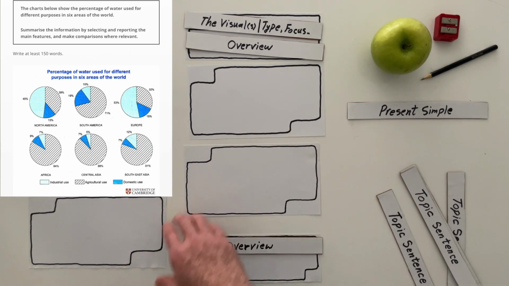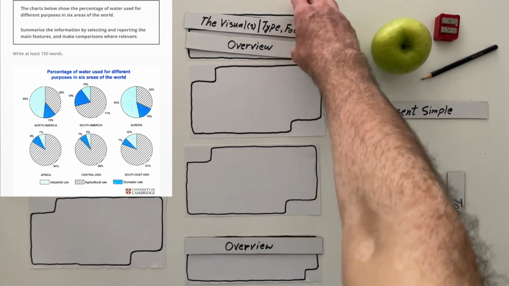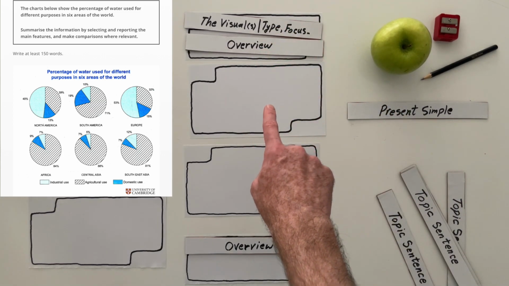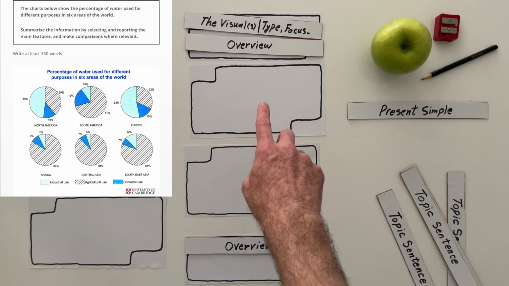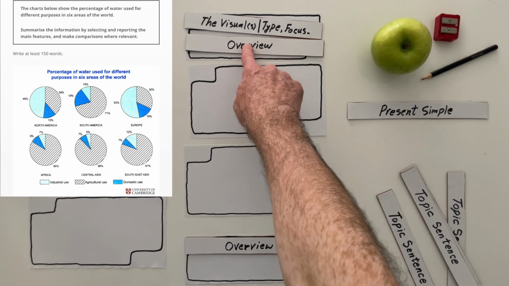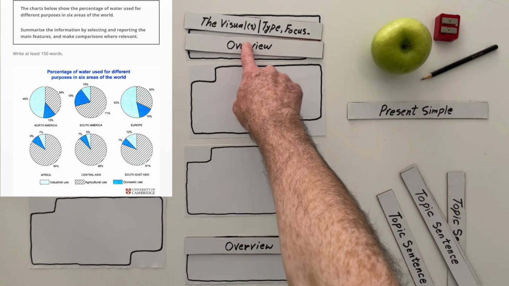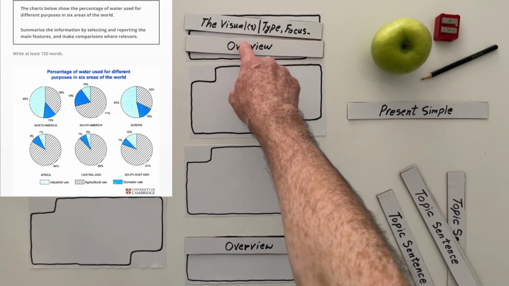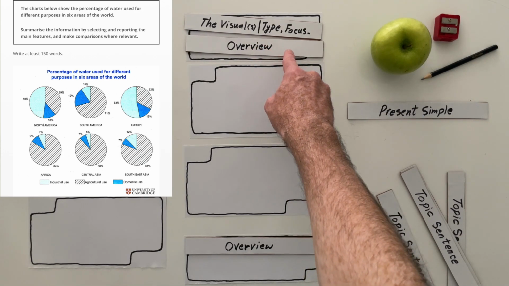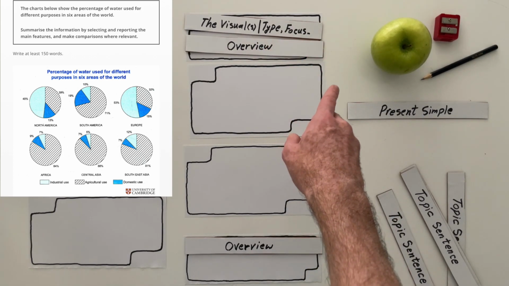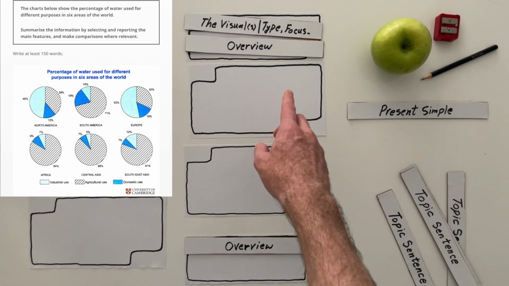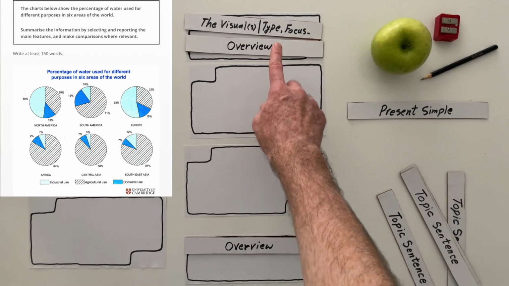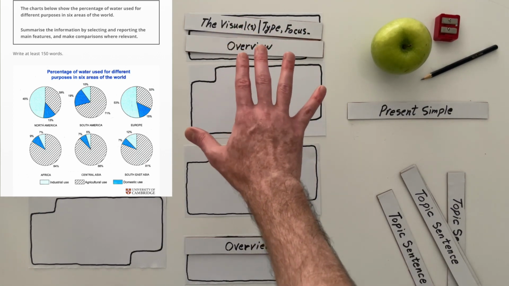Because of my arrangement, in the first overview, I need to say that while Europe and North America's consumption focused on industrial use, for the other regions, the focus was on agricultural use. And that would be a very good overview.